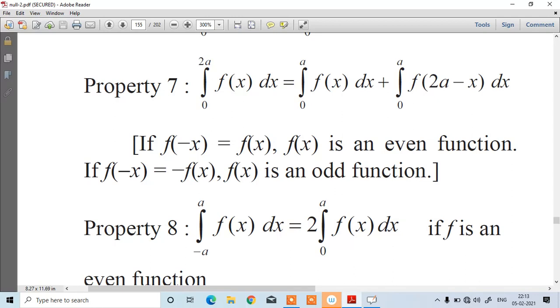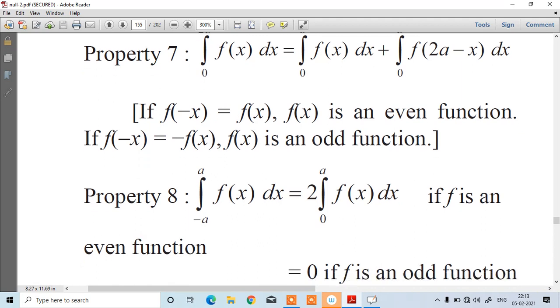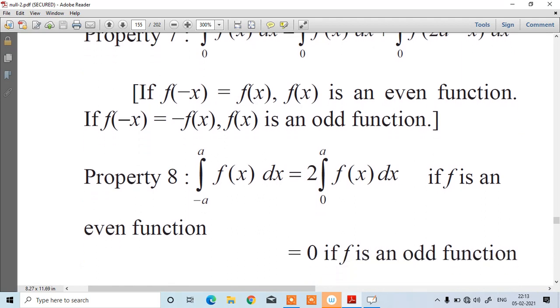But before that, see property number 8. If the integration limits are minus a to a, that is the condition, integration from minus a to a of f of x dx, then it becomes 2 times integral 0 to a of f of x dx if f is an even function.